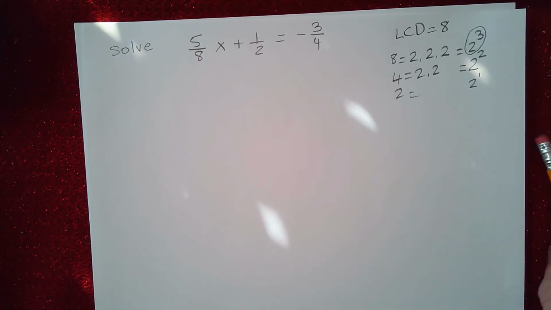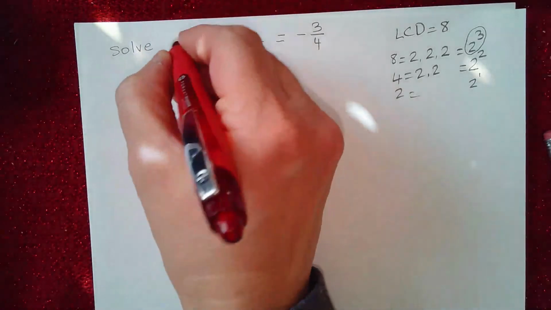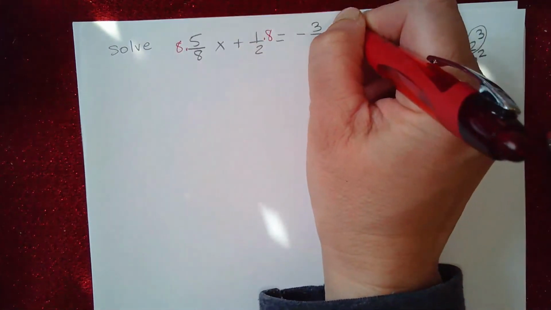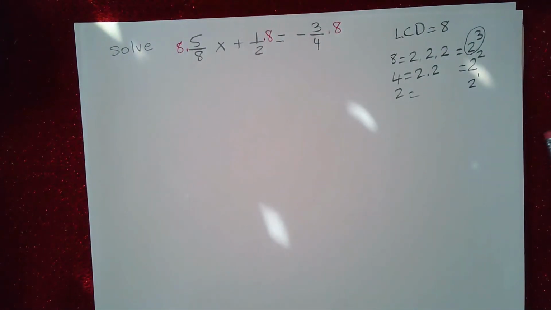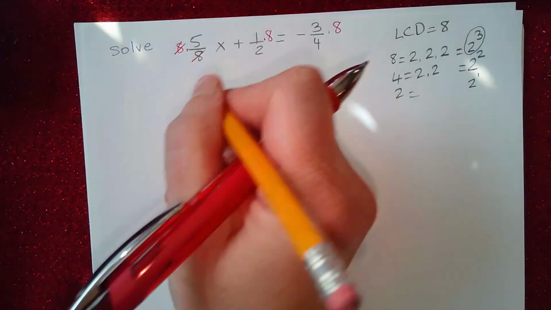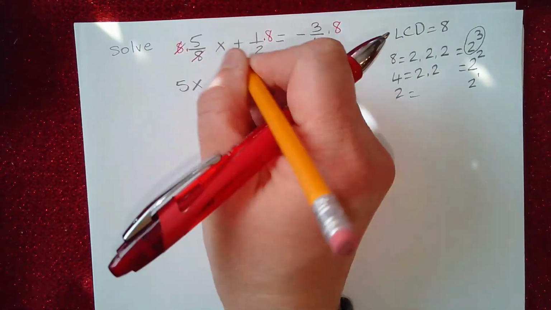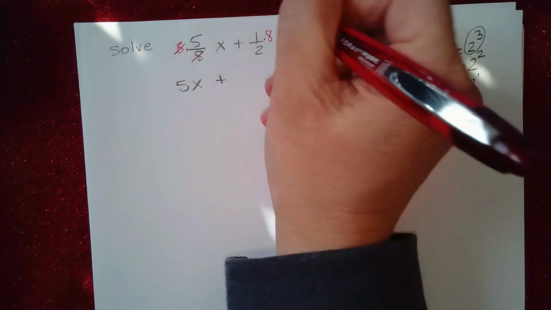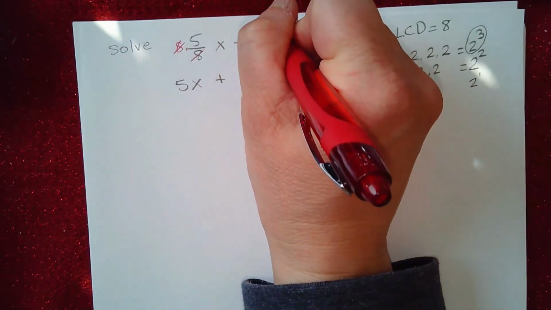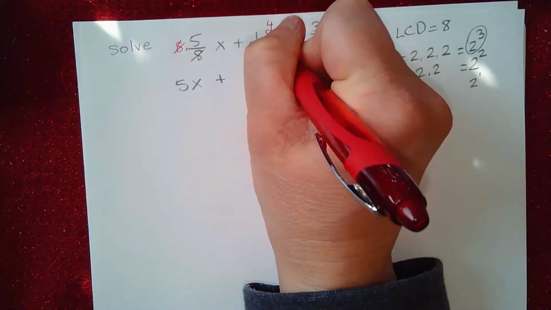The way we solve this equation now is we multiply both sides of the equation by 8 in order to clear the fractions. So we multiply the first term by 8, the second one, and now this 8 cancels with this 8, so we are left with 5x here plus, this 8 divided by 2, so we're left with 4. 8 divided by 2 is 4.